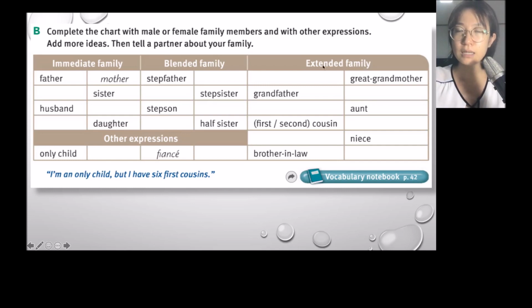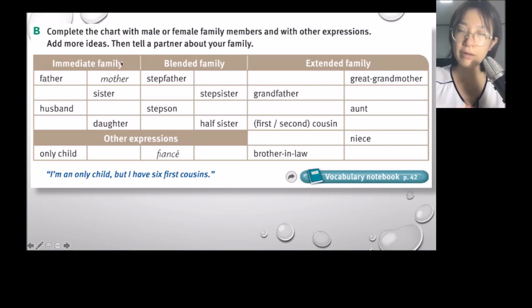It means someone further from parents, children, and spouses. The family may include grandparents, great grandparents, aunts, uncles, cousins, niece, and these people. They are kind of in an outer circle of your immediate family.